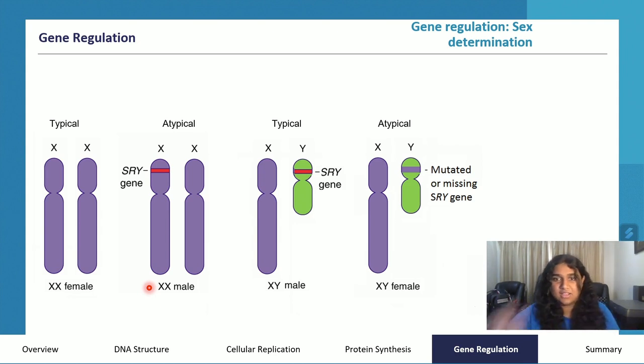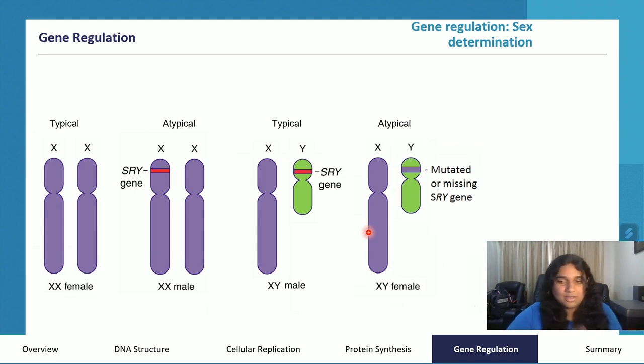So this is an instance of intersex humans developing, basically. If an SRY deficient Y chromosome, so this is an individual with an XY combination but it doesn't have the SRY gene, it won't start producing male characteristics. Instead, it'll be a female with XY chromosomes. Another example of intersex.